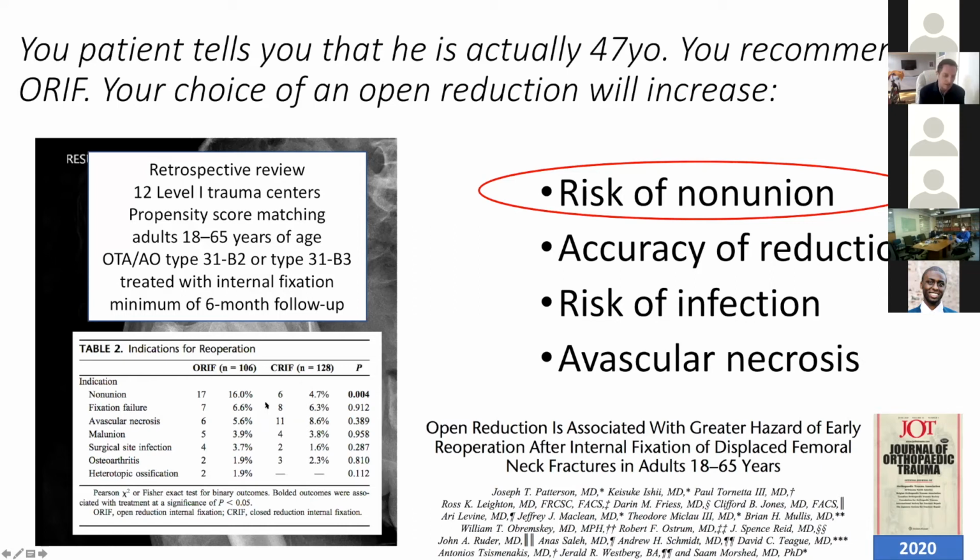They didn't see a difference in infection rate. They didn't even see a difference in the accuracy of reduction. They actually had independent observers look at the reductions, and they found an equal level of anatomic reductions between the closed and the open. And like I said, they tried to control for all of the other parameters. But it's an important study that has changed many traumatologists' opinion about whether they're going to open these fractures or not.